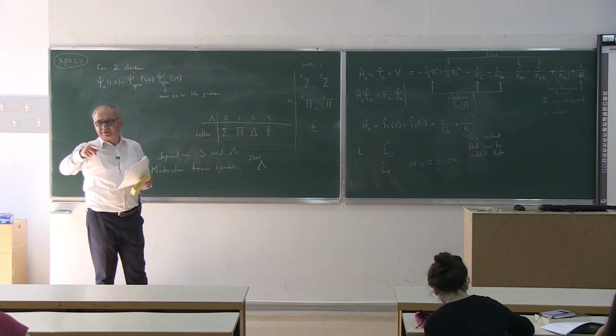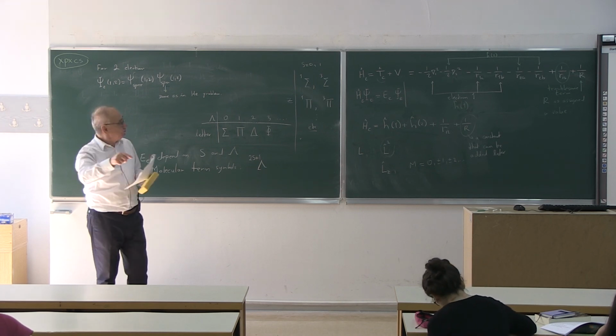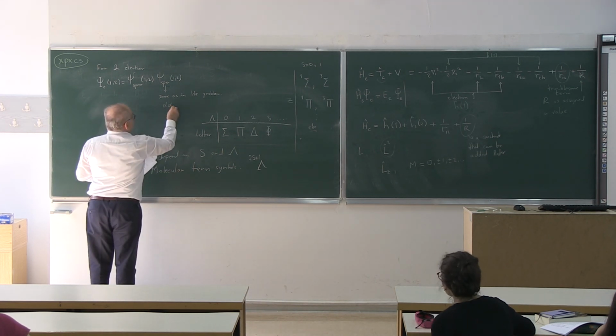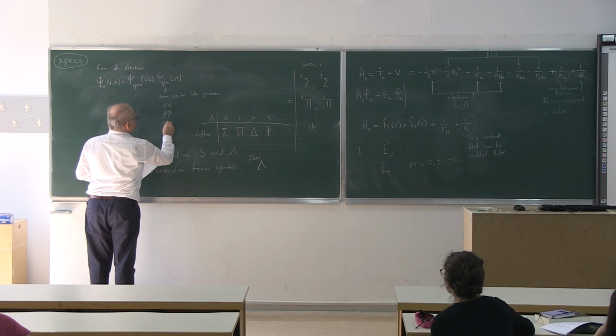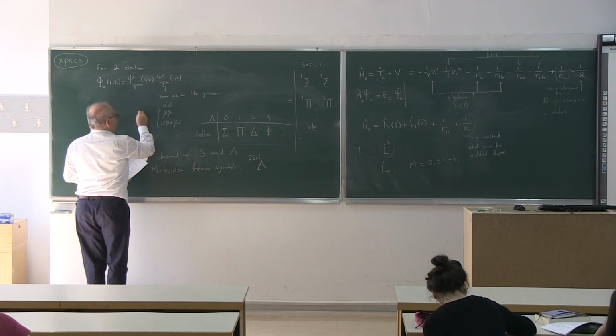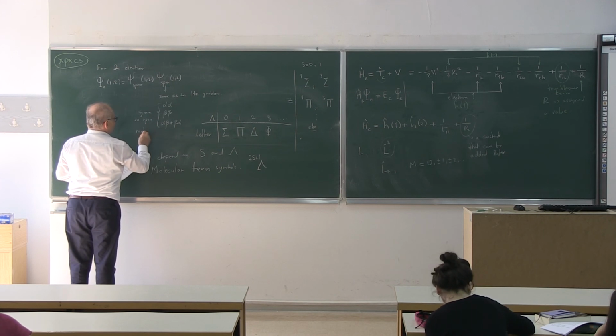Alpha times alpha, beta times beta, and a third one, alpha times beta plus beta times alpha. These are symmetric in spin exchange.